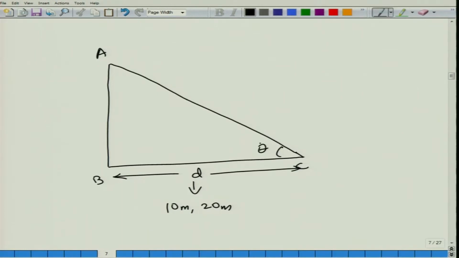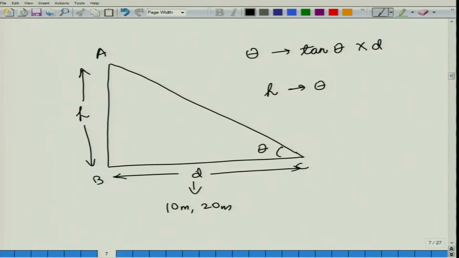Now, for every angle theta, we could have a measurement of theta and then derive tan theta, and then multiply that with d to get our height h, or else this instrument can give us directly the readings of h for different thetas, because we have taken a scale of say 20 meters.